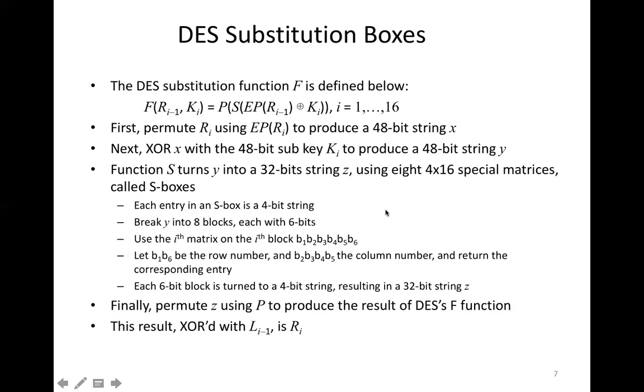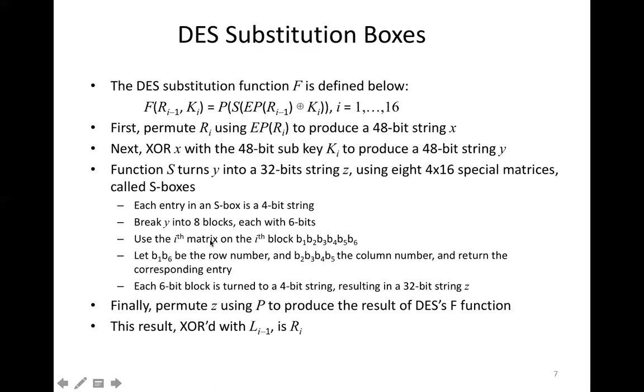So remember your input is 48 bits. So we are going to break Y into 8 blocks, each 6 bits long. Then each block uses one S box, because you have 8 S boxes.